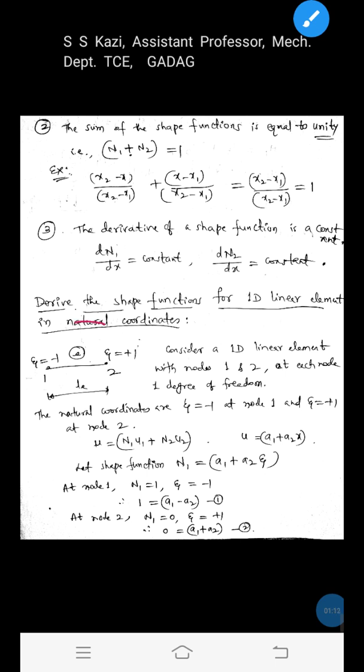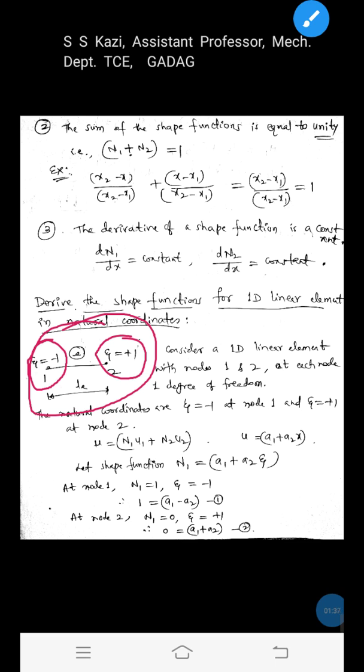If you consider a 1D linear element having two nodes 1 and 2, now you have to represent the natural coordinate values. We know that the natural coordinate origin exists at the center of the 1D linear element. To the left of the origin the natural coordinate value zeta is -1, and to the right zeta is +1.